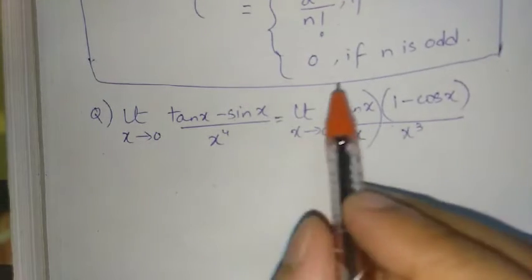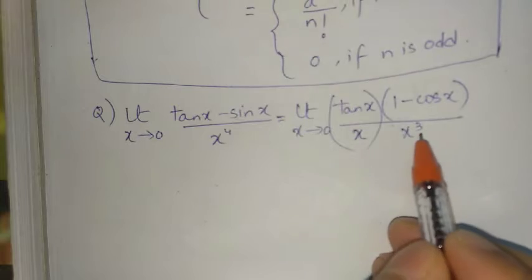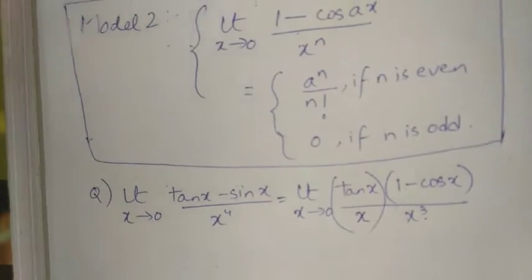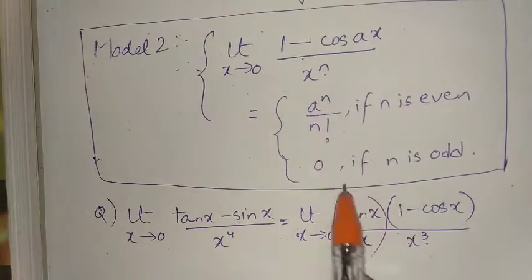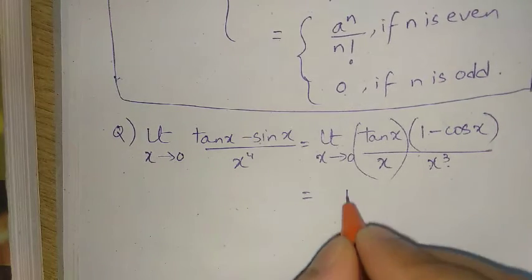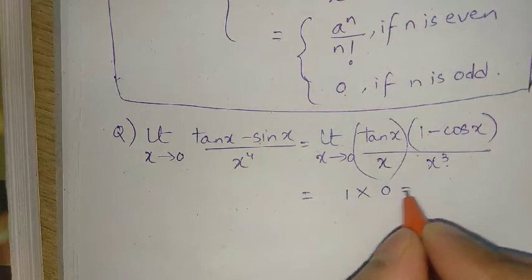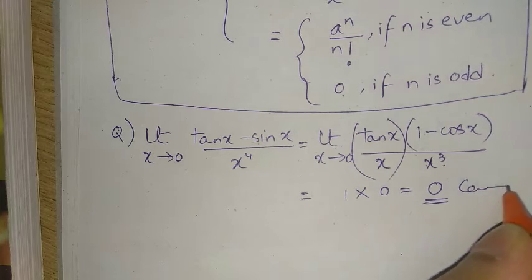As you can see, the power of x is odd, and we know if n is odd, then the value is 0. So the answer is 1 into 0, which is equal to 0. So this is our final answer.